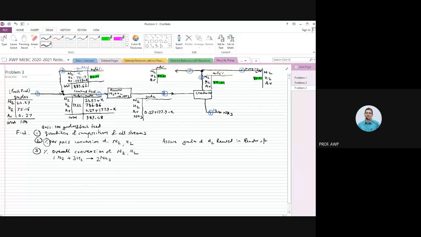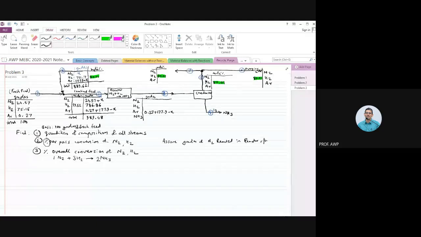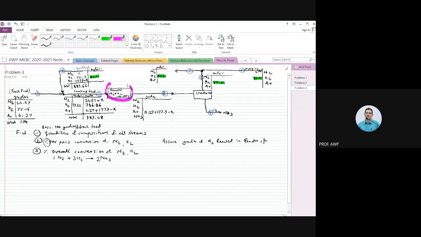So then we can write balance across the reactor, across this control volume. Nitrogen would be 24.57 plus X, that's what comes in, minus P reacts. So what goes out in stream number 3 would be 24.57 plus X minus P. Hydrogen would be 786.86 minus how many P? 3P, right?